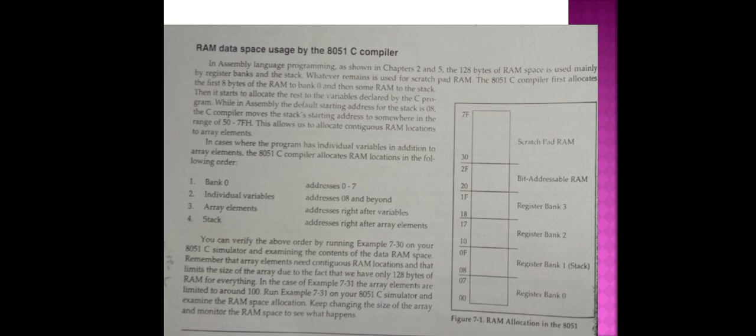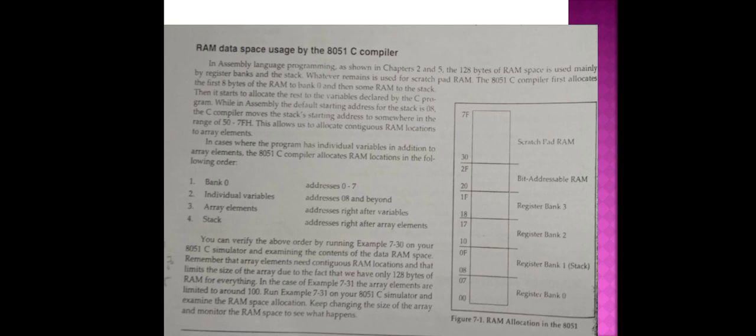First is register bank 0, 00 to 07. 08 to 0F is register bank 1. This is the stack pointer. 10 to 17 is register bank 2, 18 to 1F is register bank 3, 20 to 2F is bit addressable RAM, and 30 to 7F is the scratch pad RAM.